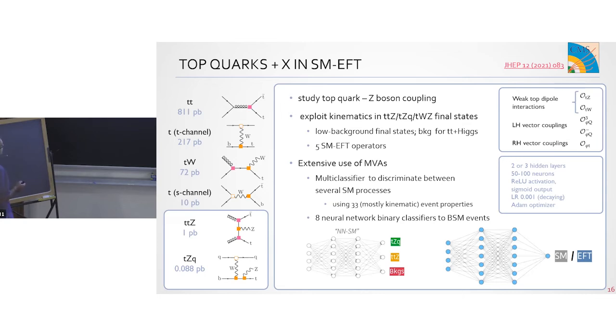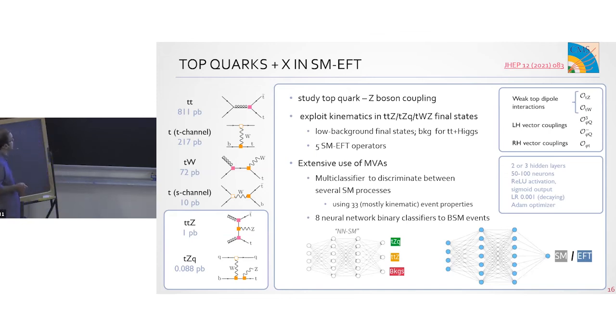This analysis exploits the kinematic differences in the top quark final state. So you have TT bar with single top, we have WT, S channel, and then we have TTZ, which we can isolate very well, and TZQ, which sits together with TTZ. This analysis uses deep neural nets.